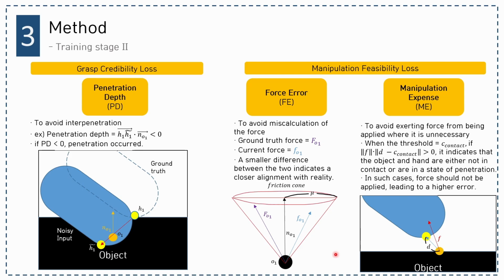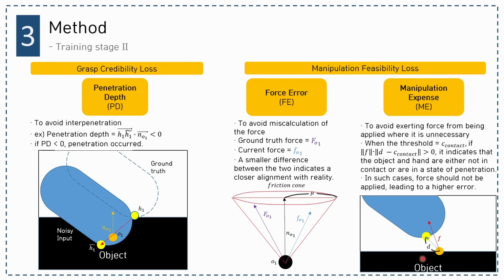ME ensures that force is applied only at contact points. Assuming the contact threshold is C contact, if the distance between the nearest hand point and an object point in one frame is D, then D minus C contact will be negative if there is penetration and positive if the finger is not in contact.